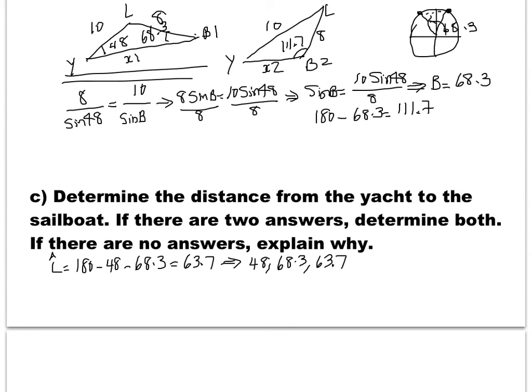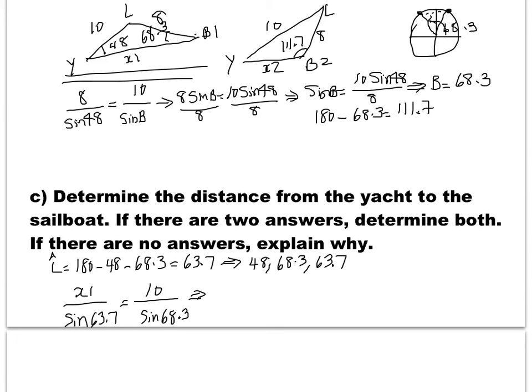So we are going to write the sine law as x1 over sine 63.7 is equal to 10 divided by sine 68.3.